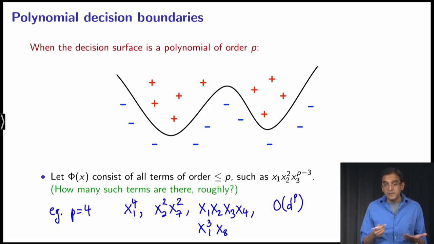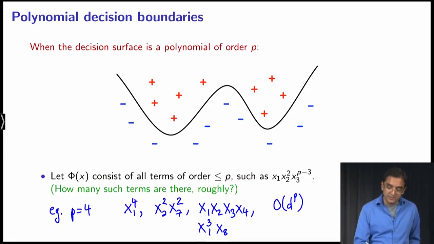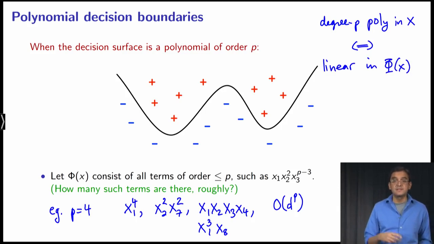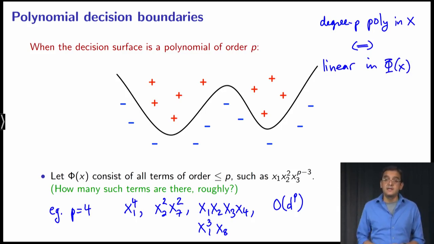But if we do this, we can again keep using our linear classifier technology, because any function that is a degree p polynomial in x is linear in this representation phi of x. So it's the same idea now extended to polynomials of degree p.